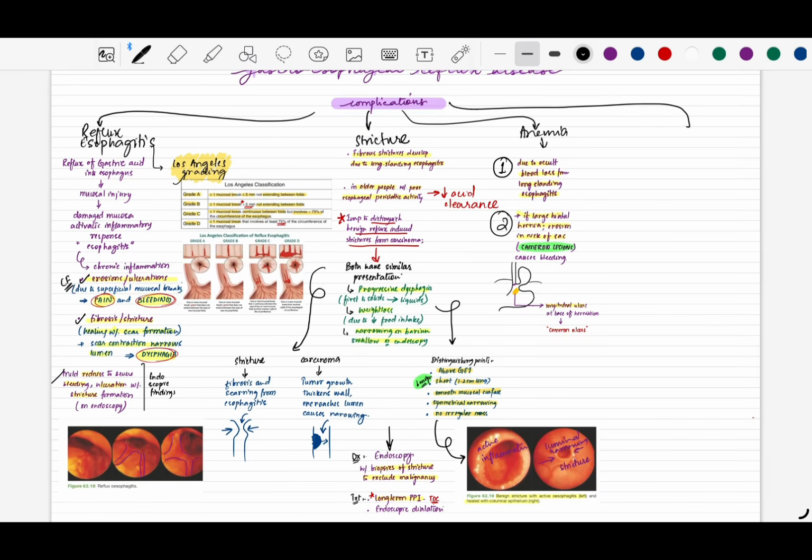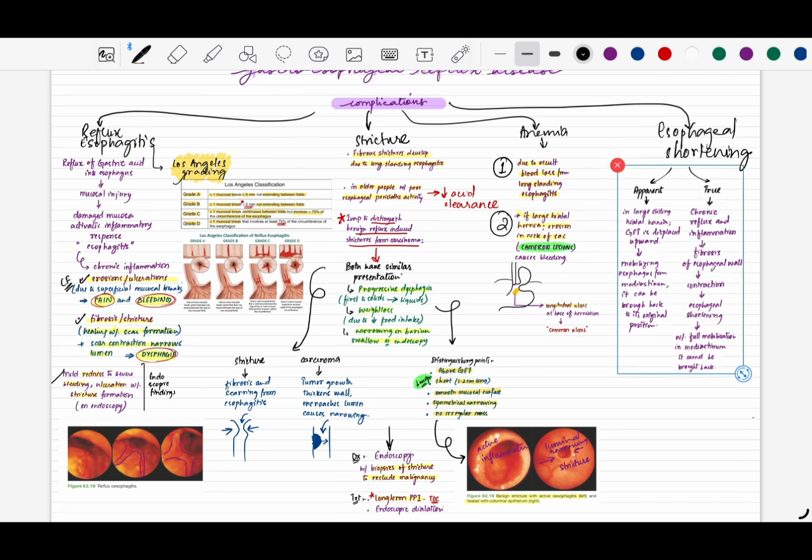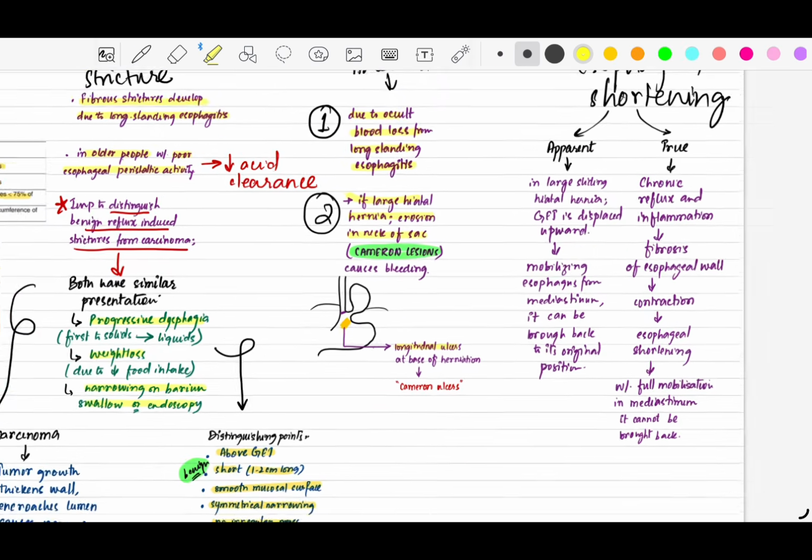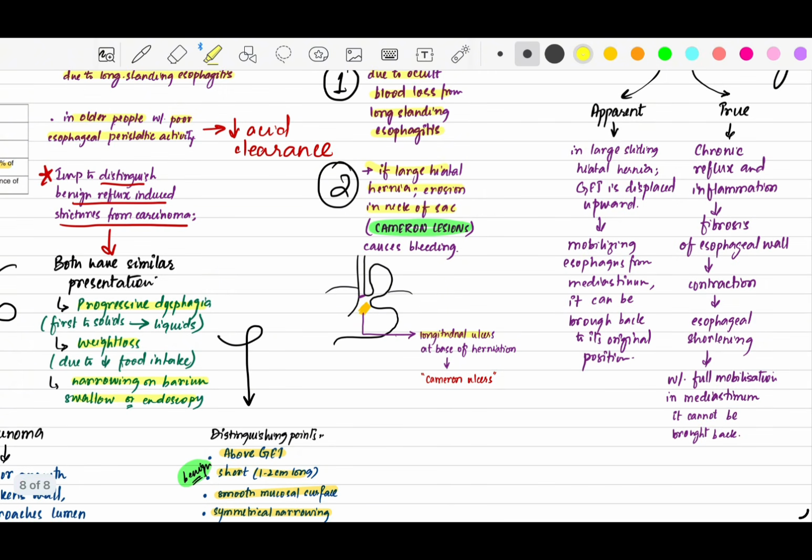The next complication we will be discussing is esophageal shortening. Esophageal shortening is of two types: apparent esophageal shortening and true esophageal shortening. Apparent esophageal shortening is when the esophagus appears to be smaller in length, however, it is not actually decreased in size. It is seen in cases of large hiatal hernia where the gastroesophageal junction is displaced upwards. Let's make a quick diagram: through the diaphragmatic hiatus, the esophagus is going to bulge upward along with the proximal stomach, right?